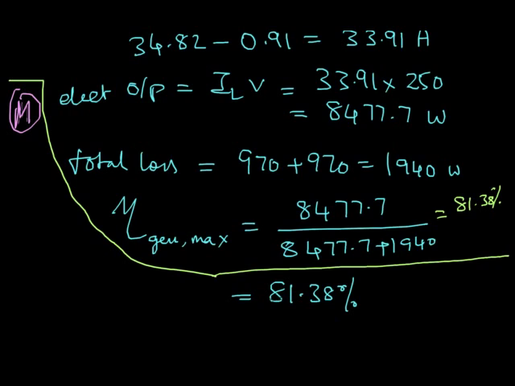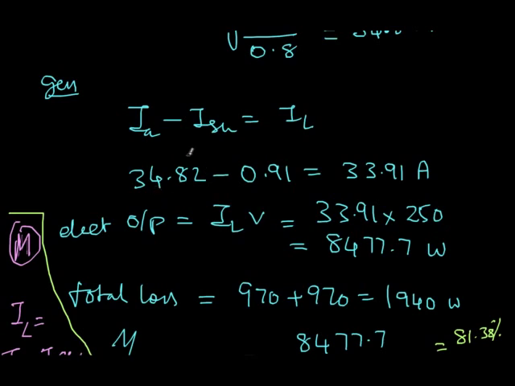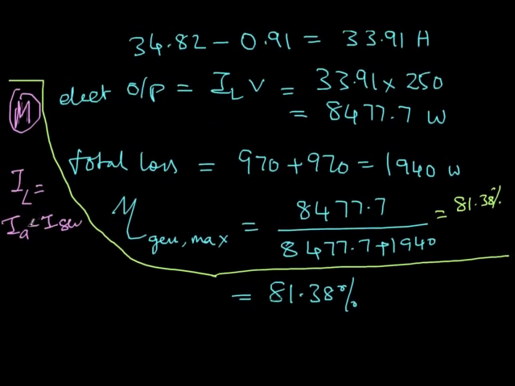Anyway, when working as a motor, we already know the line current. Line current will be armature current plus shunt current, because that is the current which we have to use as input.